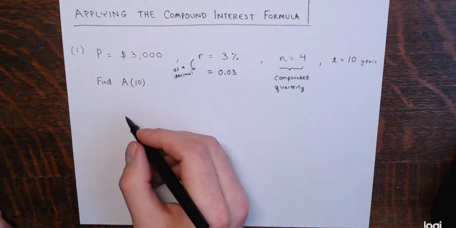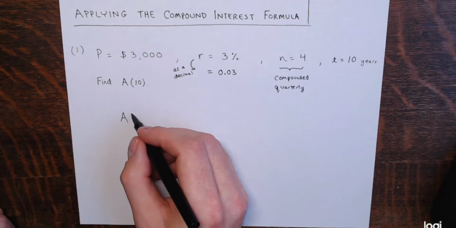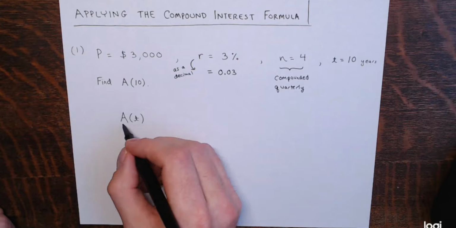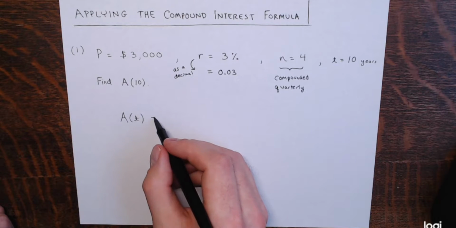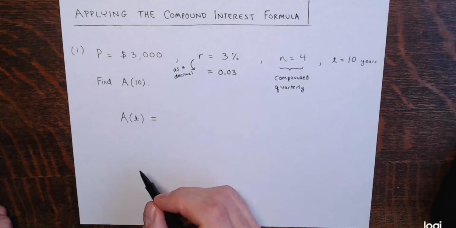All right, so here was the formula again. I'll write it out here. The amount, the value of the account after t years is the value of this exponential function.